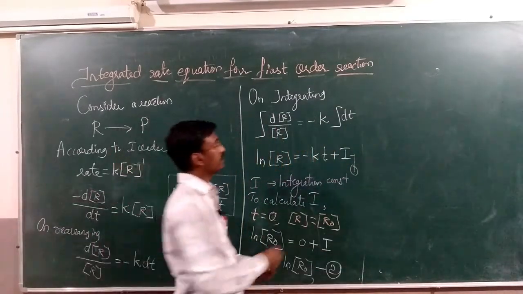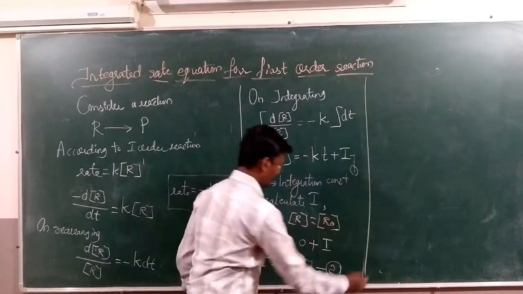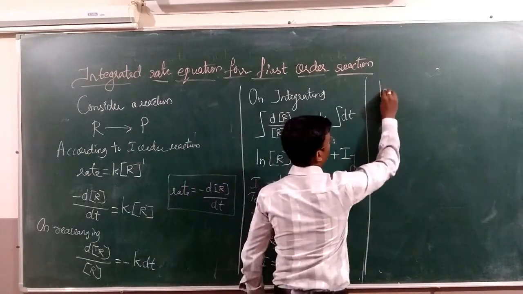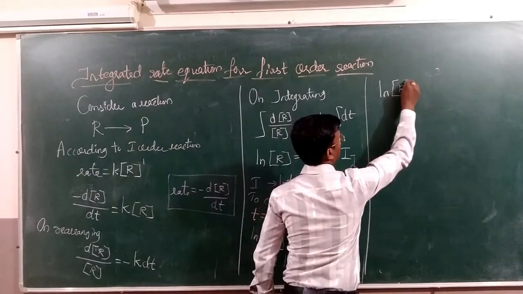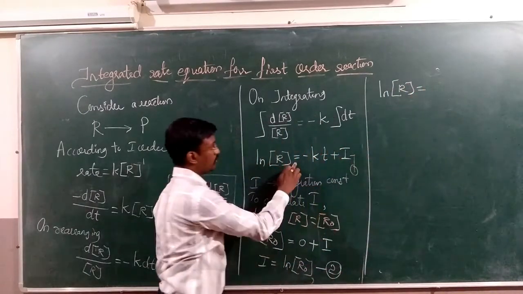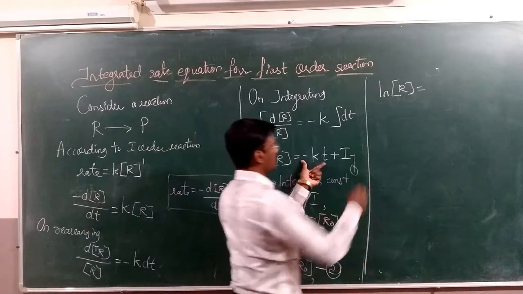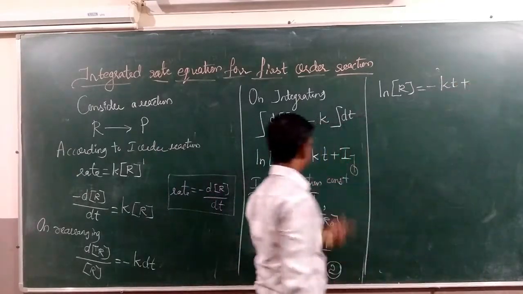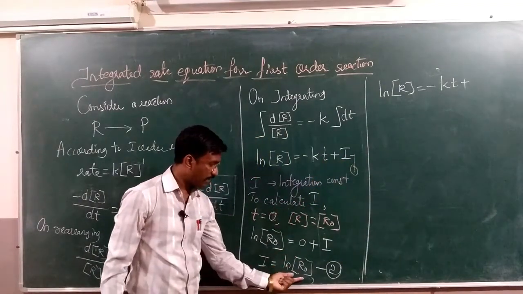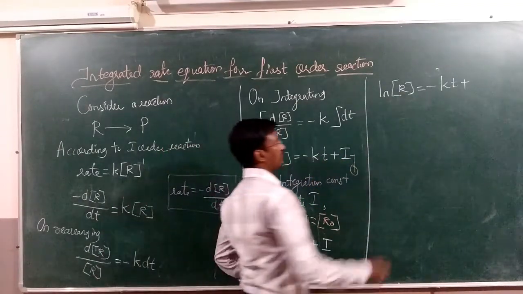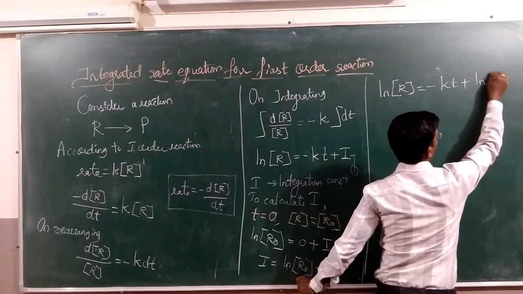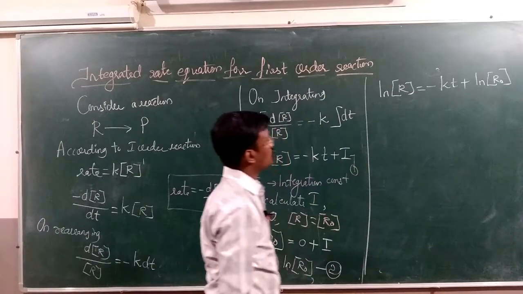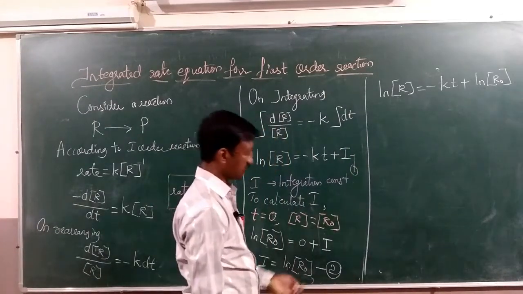So we are getting ln R is equal to minus k into t plus I. I can be written as its value, ln R0. Therefore, I is nothing but ln R0.